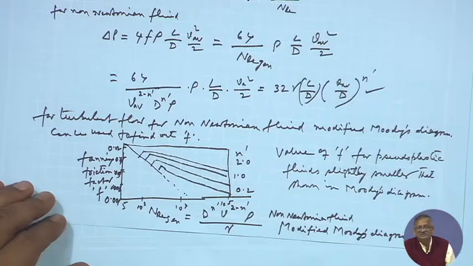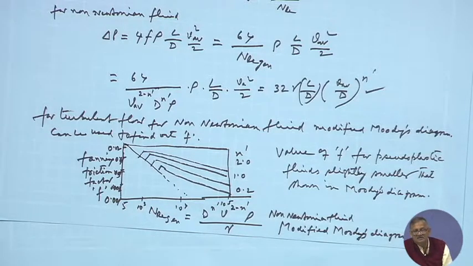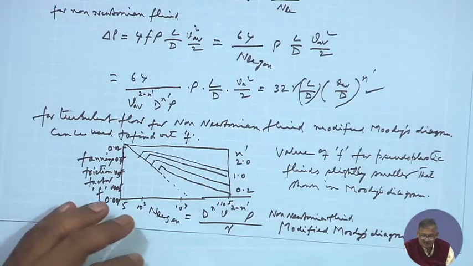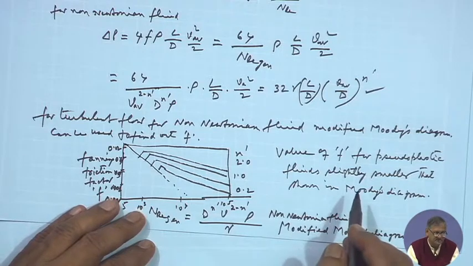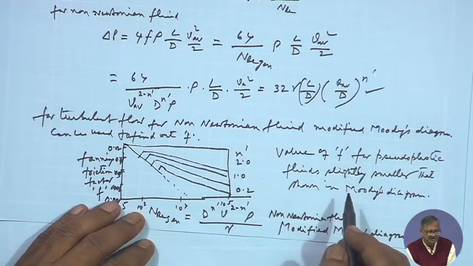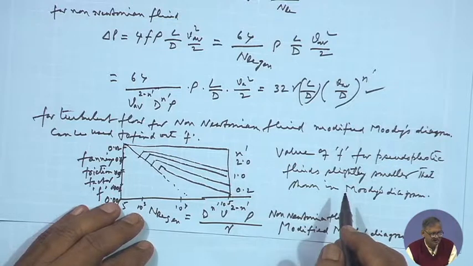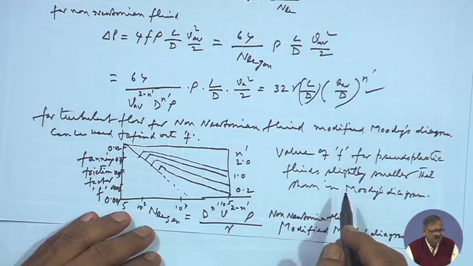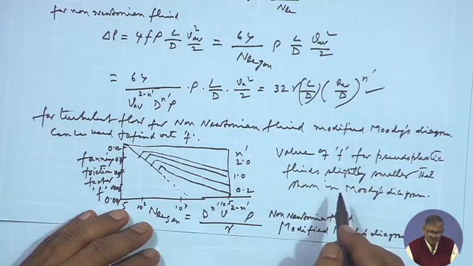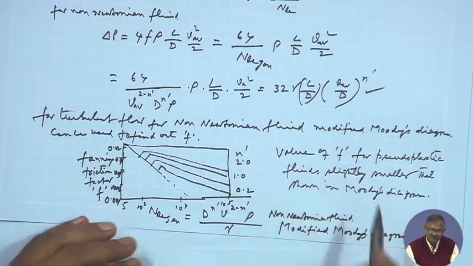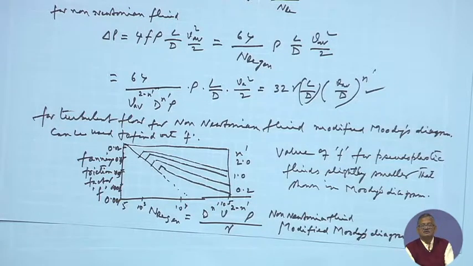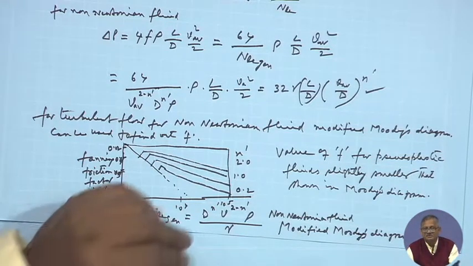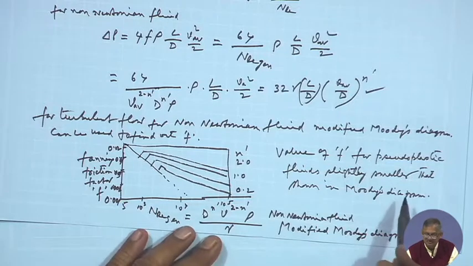So, this is the difference: in the modified Moody chart, the value of F for pseudoplastic fluid in rough tubes is slightly less than that in the Moody's chart.